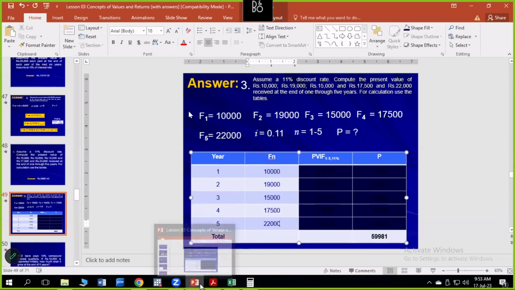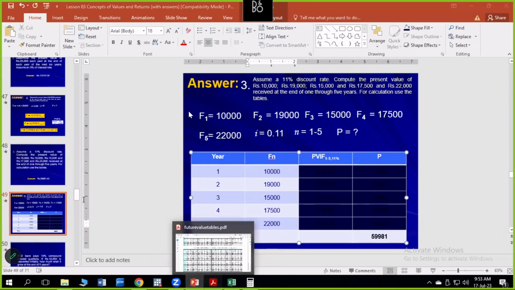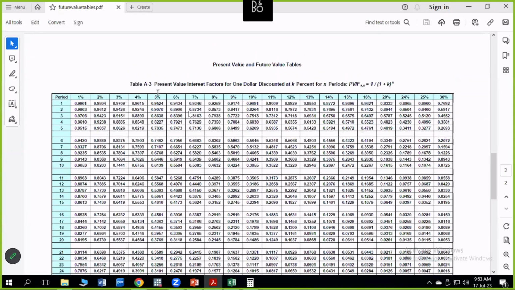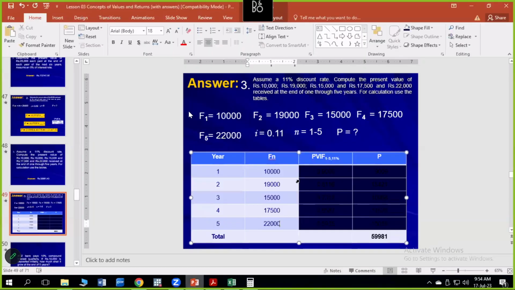From the table, you are advised to use the present value table, that is A3, at the percentage 11%. At 11%, you obtain these results: 0.9009.